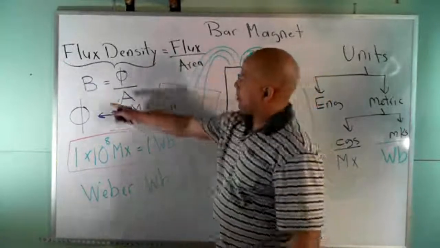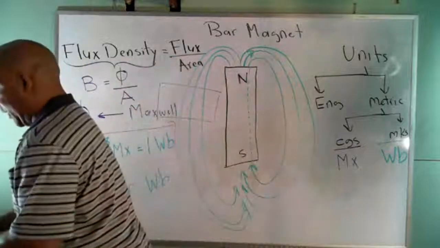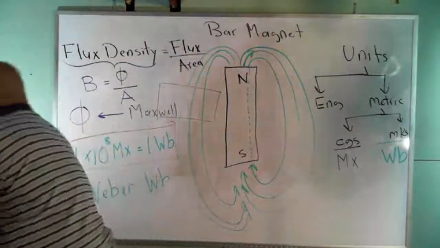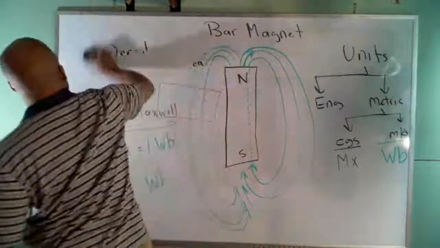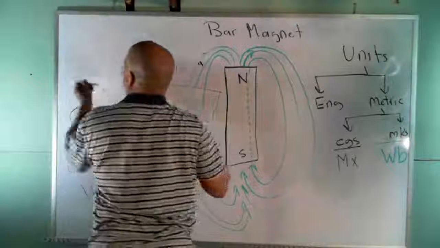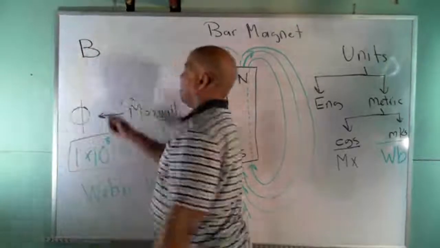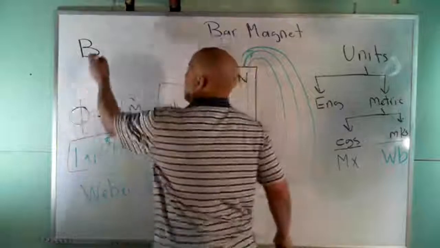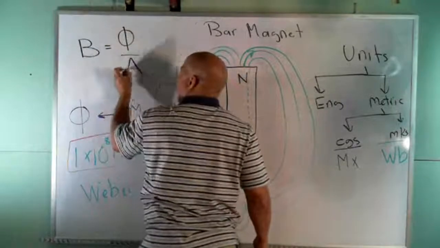So this right here is flux density. I'm going to move this up and erase it so I can have more room. So what I had was flux density equals flux over A.